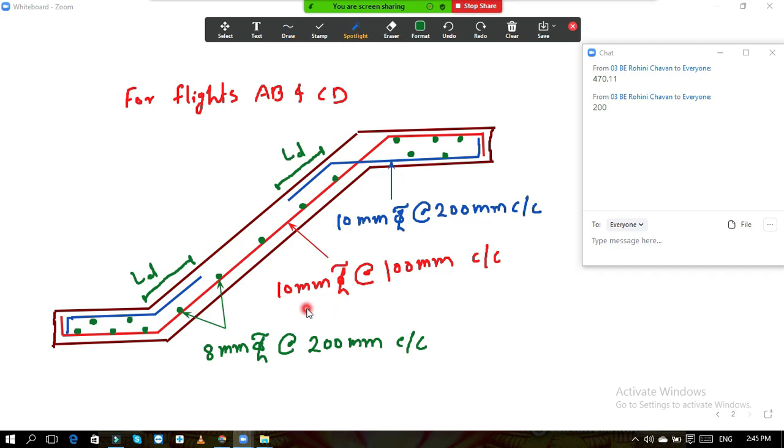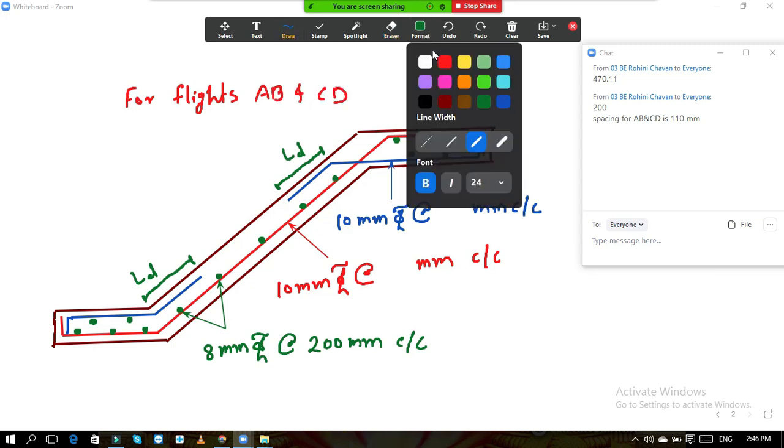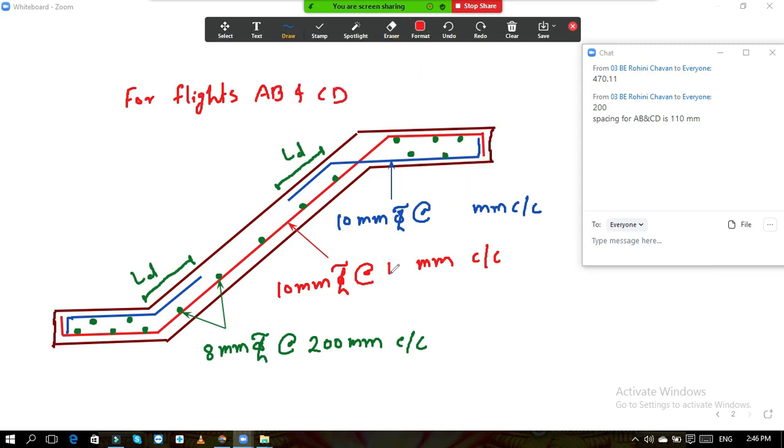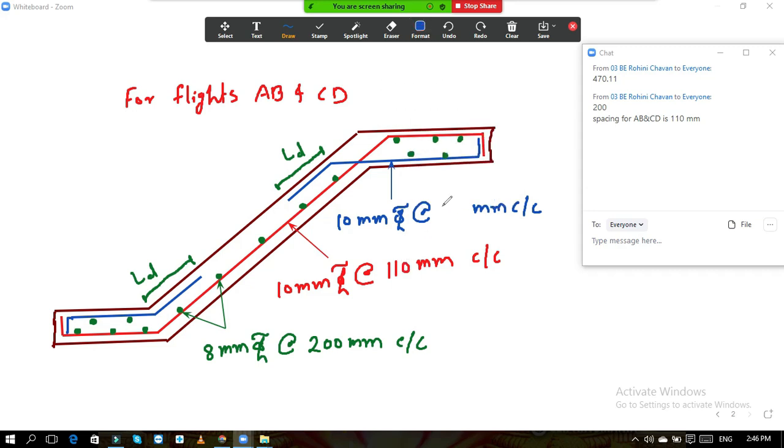Just the difference is, here for main steel, the spacing for AB and CD is 110 mm. Okay, so I will do the correction over here. So this is not 100 mm. This spacing is 110. This spacing also will change: if this is 110 mm, these extra bars will be 220 mm. Okay.